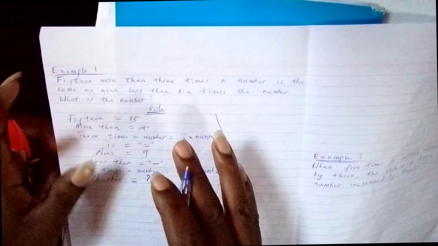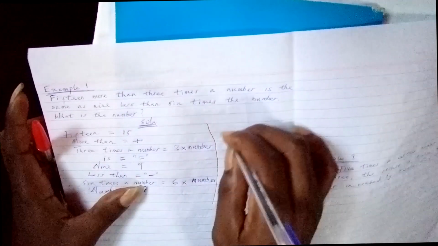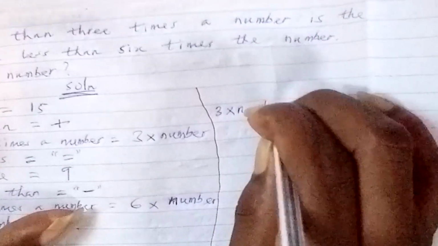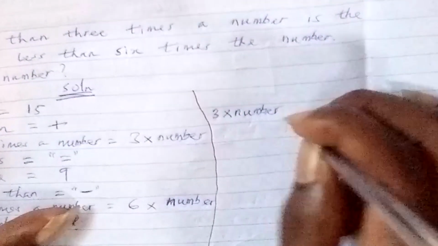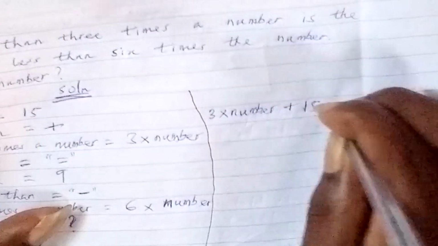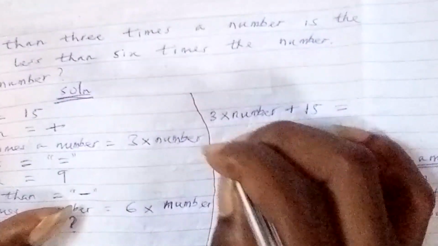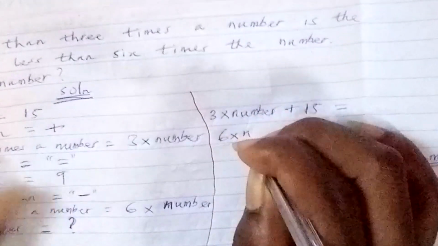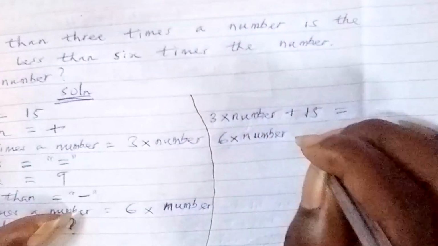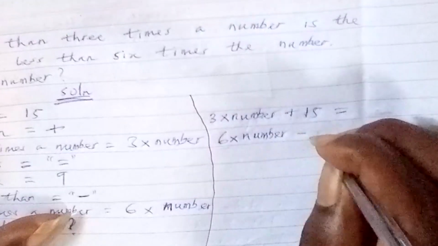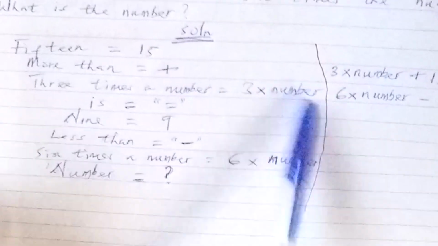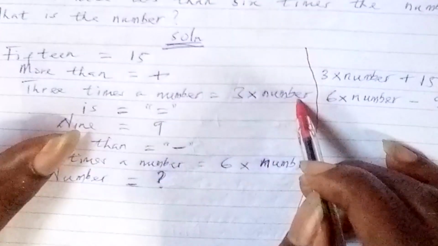It could be done by saying 3 times the number plus 15 is equal to 6 times the number minus 9.